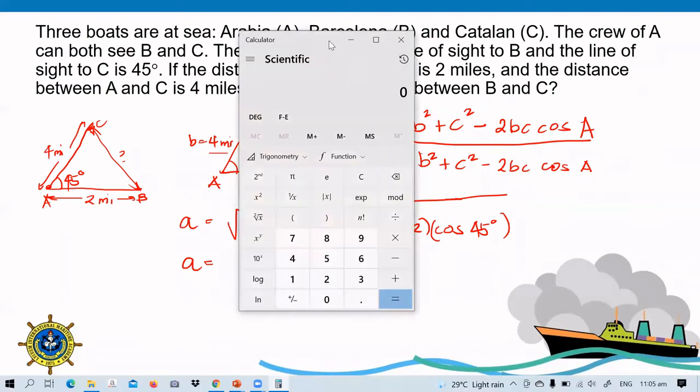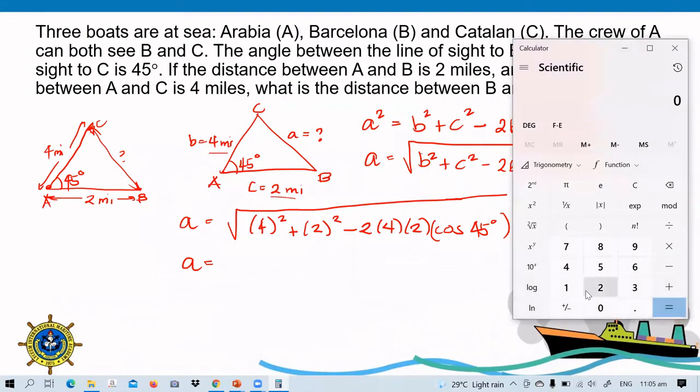Okay, so kung i-input po natin to sa calculator, so this is 4 squared plus 2 squared. Okay, press equal first, then minus, then tsaka kayo gagamit ng open close parenthesis. Gagamit kayo ng parenthesis kapag nag-i-input kayo ng very long equation. Okay, so just to be safe. So this is 2 times 4 times 2 times 45, and then click cosine.